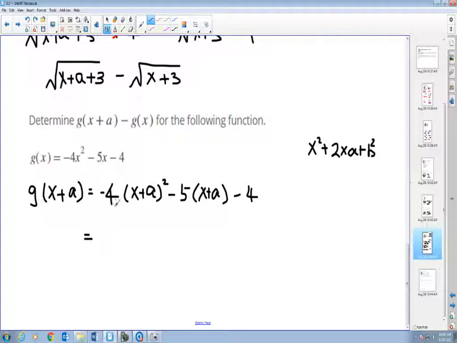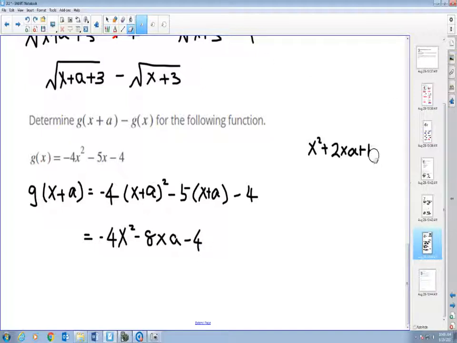All right, with a negative 4 in front, do a distribution on these three terms. I should have negative 4x squared minus 8. Right, negative 4 times positive 2, negative 8xa minus 4, excuse me, I did not mean to say b right here.